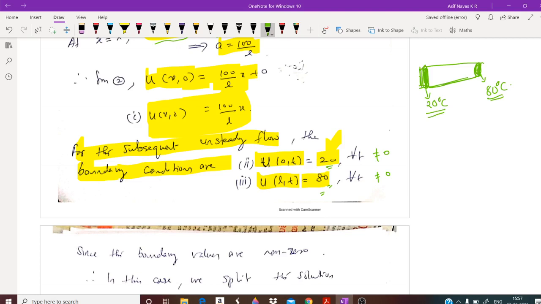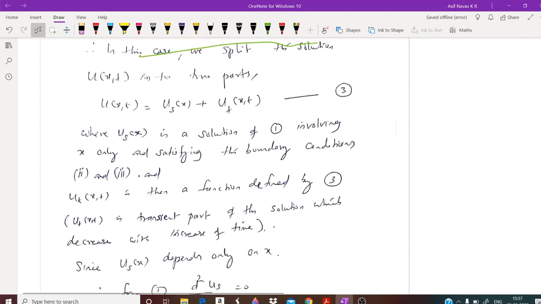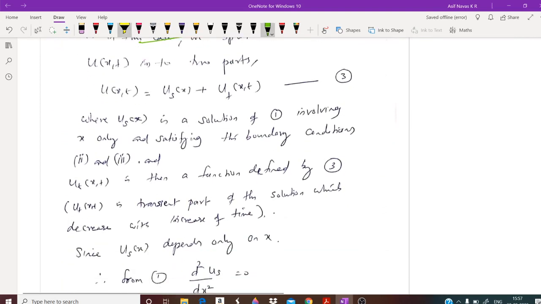So in this case, we split the solution: u(x,t) is equal to u_s(x) plus u_1(x,t).